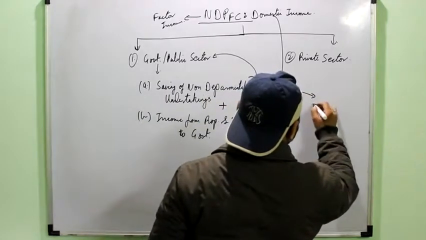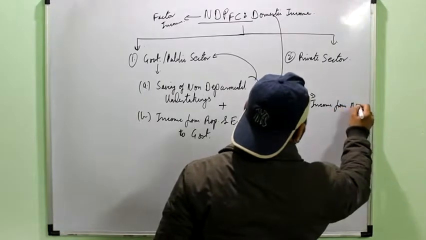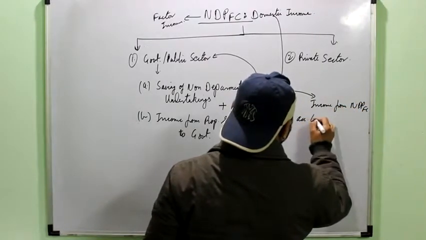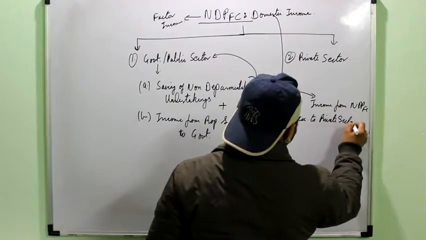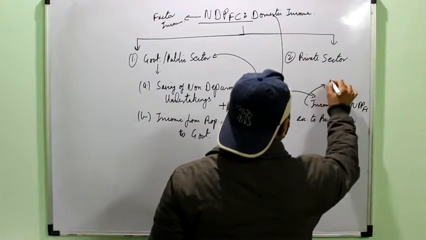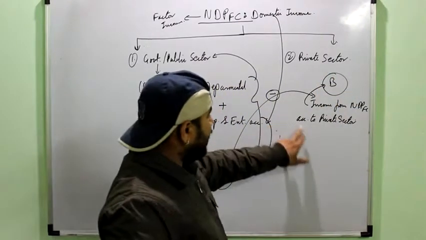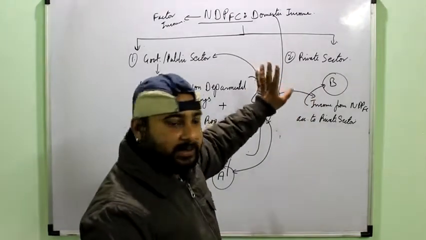I would get the income from NDPFC accruing to the private sector. Say this is capital B. So I have calculated the total factor income which has been earned by the private sector.